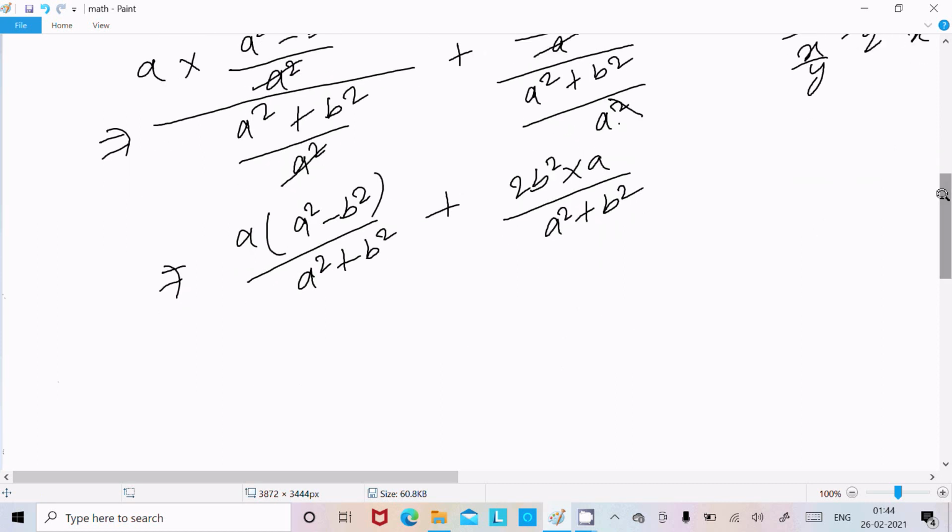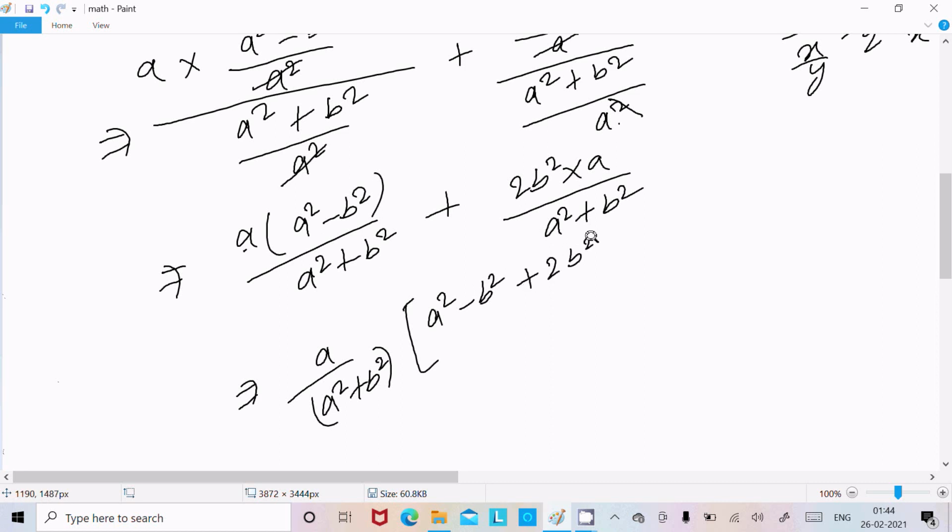Now here we need to solve this. You can see a and a square plus b square are common. So a over a square plus b square we take common. The rest is a square minus b square, and here 2b square comes.